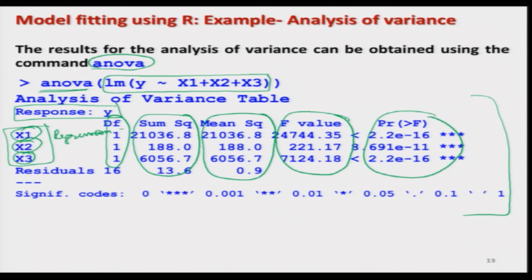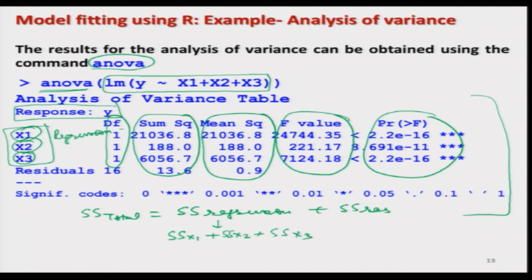Right. So, if you remember, we had defined the sum of square due to total as sum of square due to regression and sum of square due to error, which is the residual. You can see here sum of square due to regression has been partitioned into sum of square due to x1 plus sum of square due to x2 plus sum of square due to x3, and you can see here this is the residual.